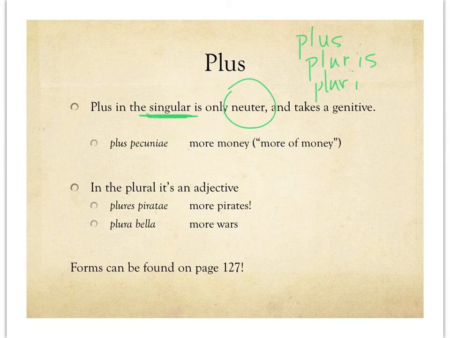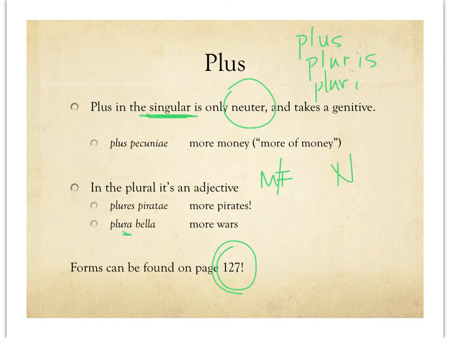And in the plural, it's an adjective that can modify things, and it has both masculine, feminine, and neuter forms. So we can say something like plures piratae, more pirates, in the masculine, or we can say plura bella, more wars. If you want to look at these forms, they're really regular. It's just that we don't have that I for the most part, but you can find those on page 127 of your textbook. The important thing to know is that we never use plus to mean more with an adjective.